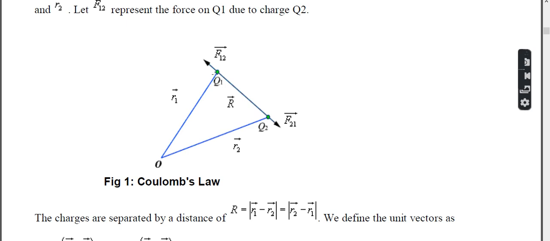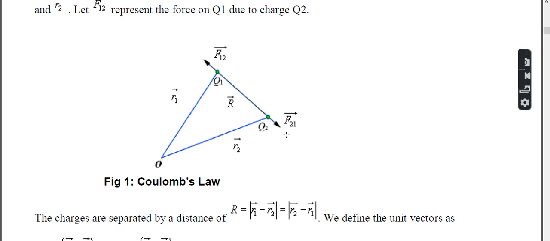If you take Q1 and Q2 like that, the force acting on this due to the second one is given by this force F12 with direction like this. Similarly, this is the force acting on the second one due to this.